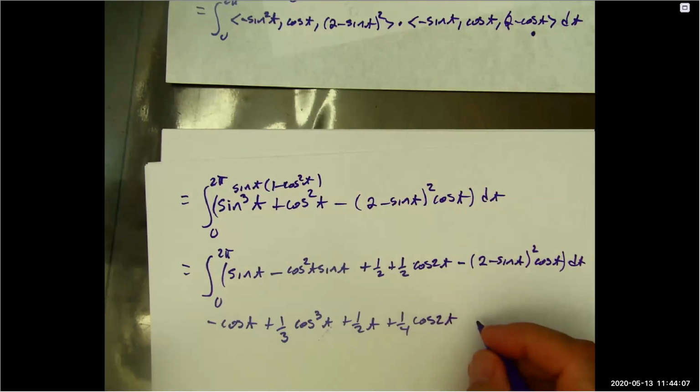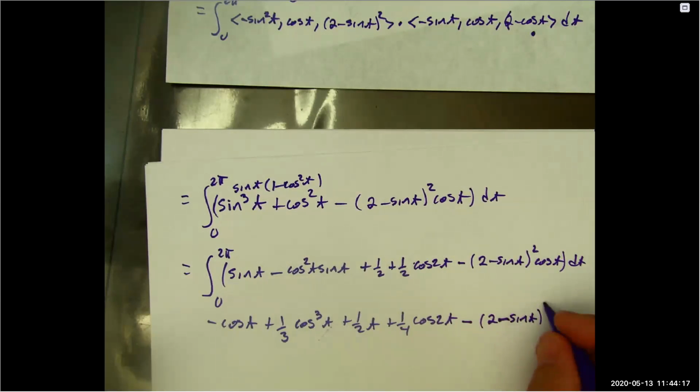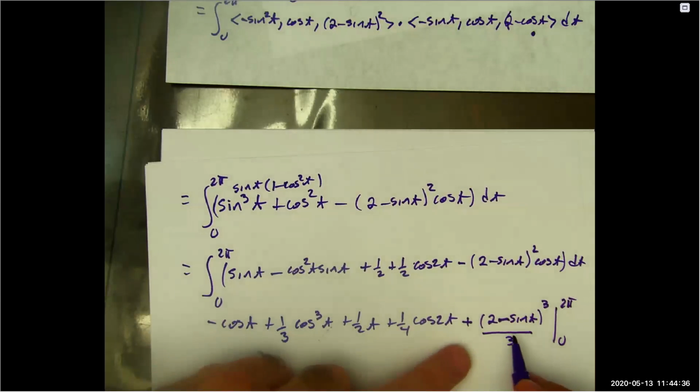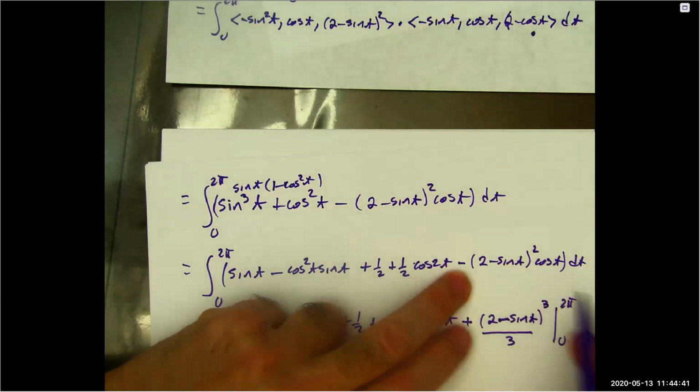And then for this last part, I'm going to have minus 2 minus the sine of t cubed all over 3, which should be plus, from 0 to 2 pi. Because when I take the derivative of the inside, I'm going to get minus cosine, and I have the minus and the cosine there.